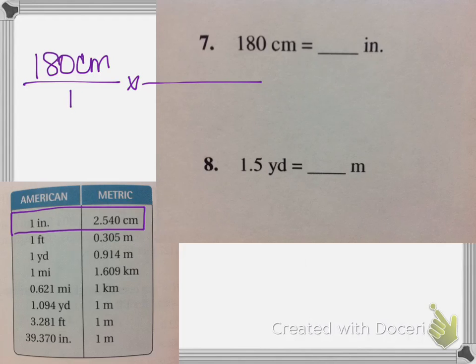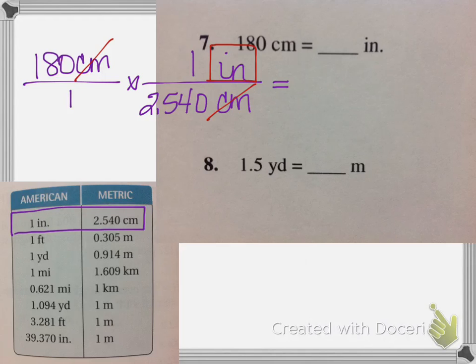So now the question is, do I put the centimeters in the numerator or in the denominator? Well, because I want centimeters to cancel, I need to put my centimeters in the denominator, which means my inches goes in the numerator. So I have 1 inch is equivalent to 2.540 centimeters. Now when I cancel out my units, I'm left with the unit that I want, which is inches, and now I just have to do the math, multiply straight across.